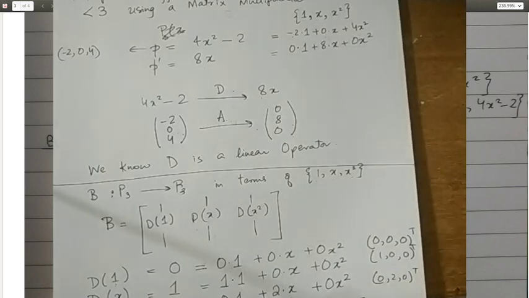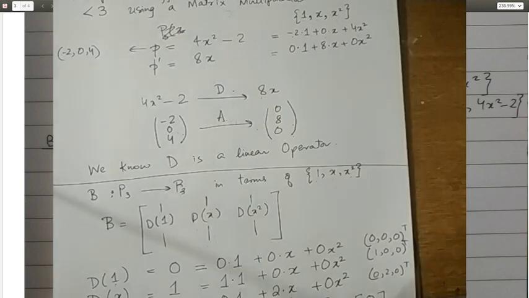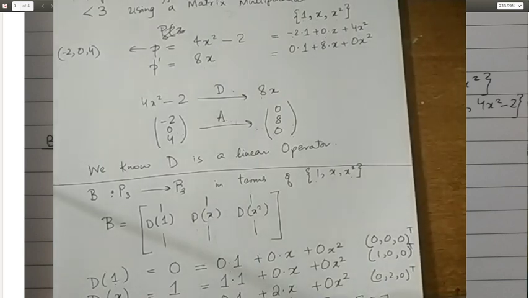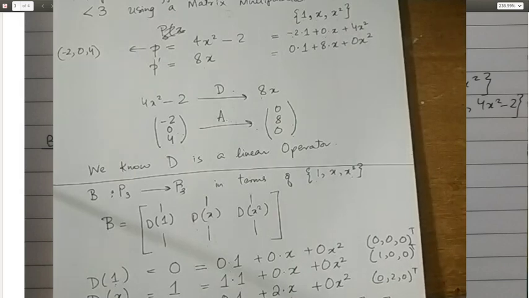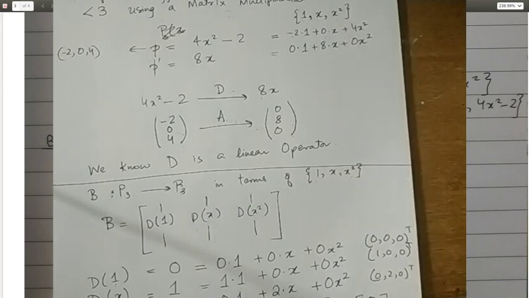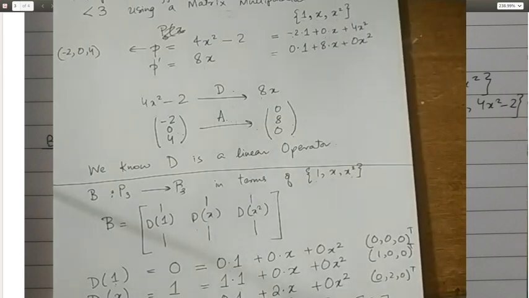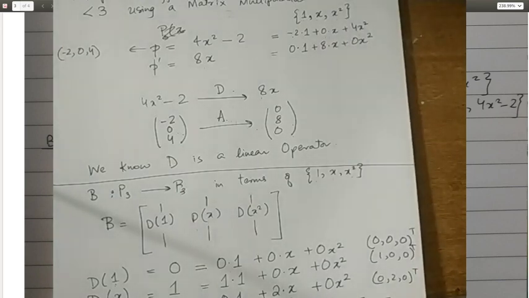And the third component is 0. So if you have 4x squared minus 2, the result is basically saying that the derivative of 4x squared minus 2 is 8x.